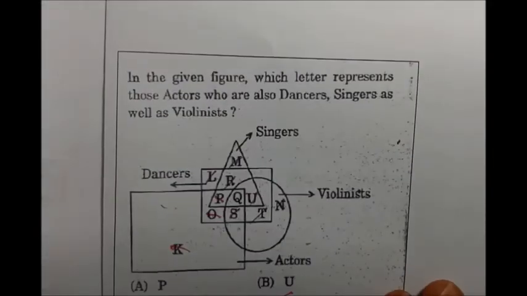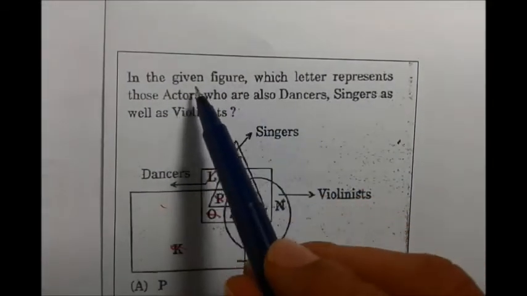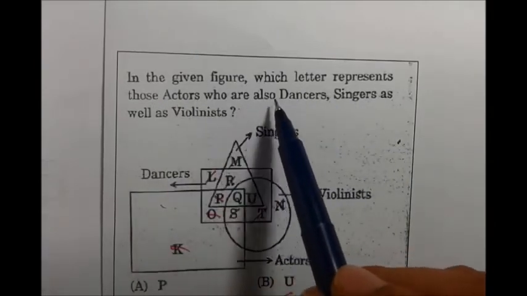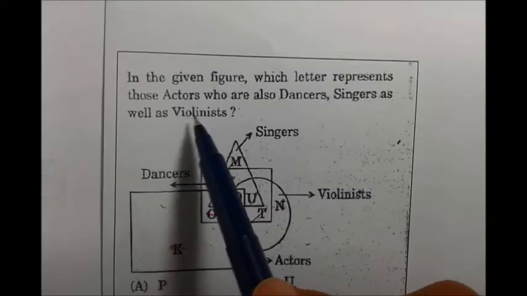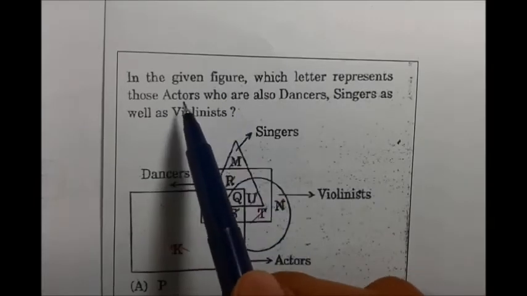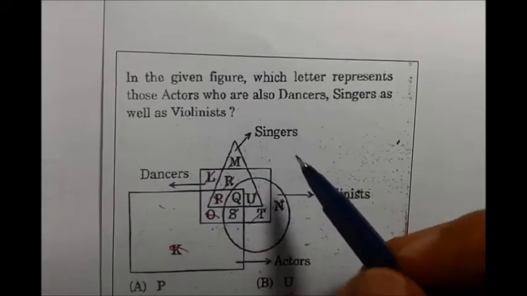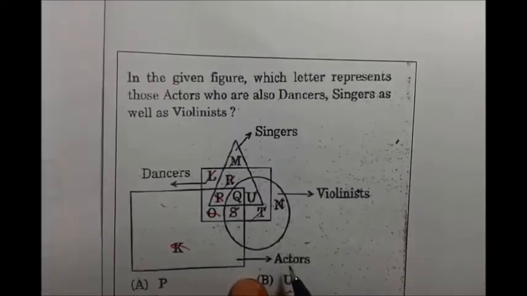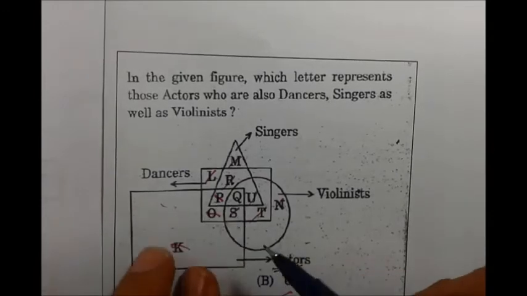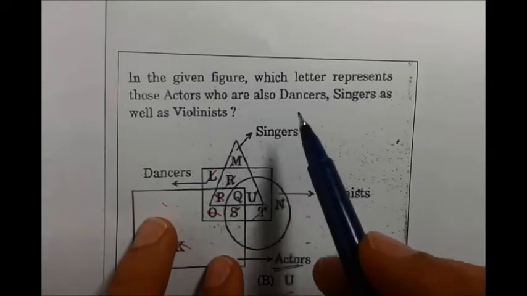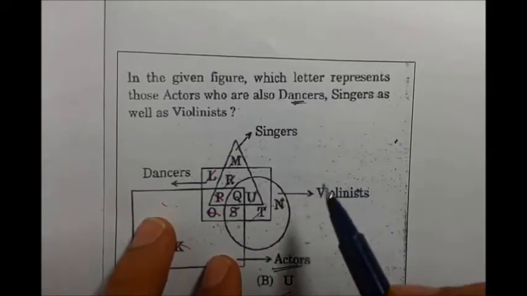Now let's try to solve this question. The question says, in the given figure, which letter represents those actors who are also dancers, singers as well as violinists? So I want actors who are also dancers, singers as well as violinists. So I want actors. So actors is here. So I will consider this rectangle box here, and these actors should be dancers also.